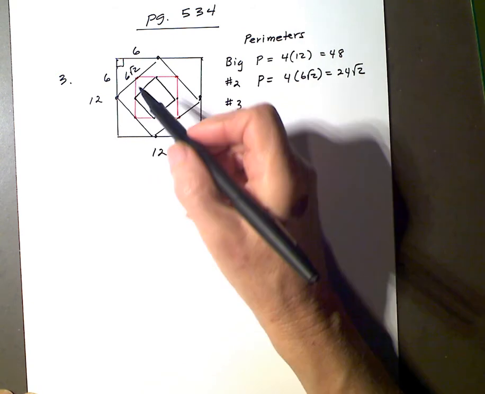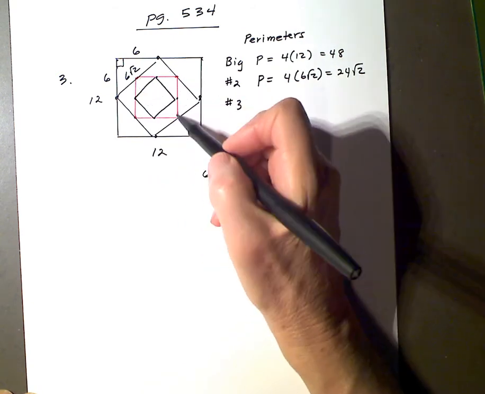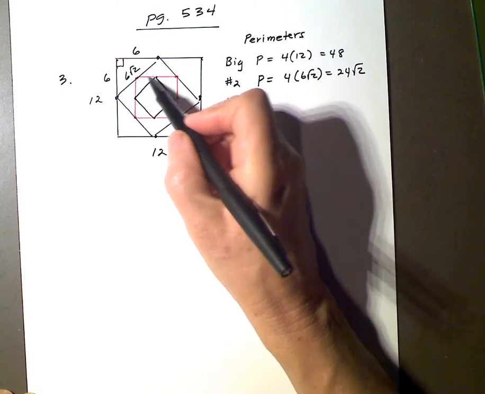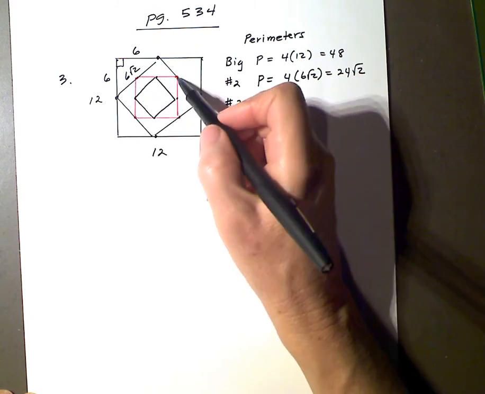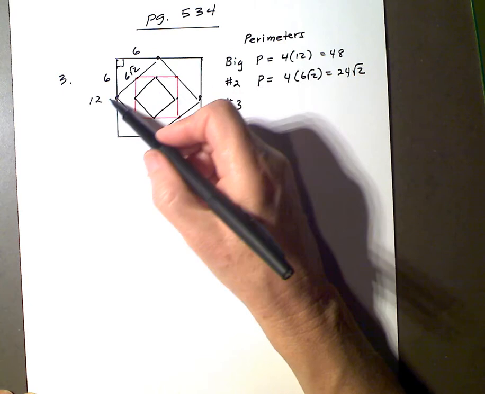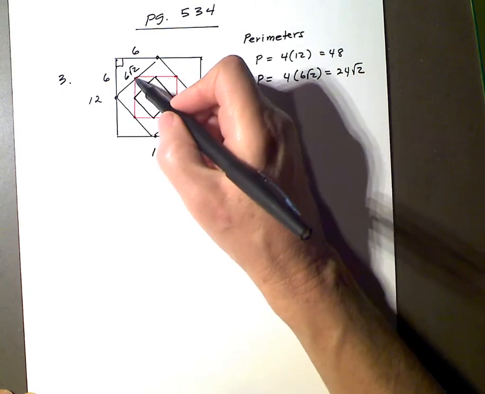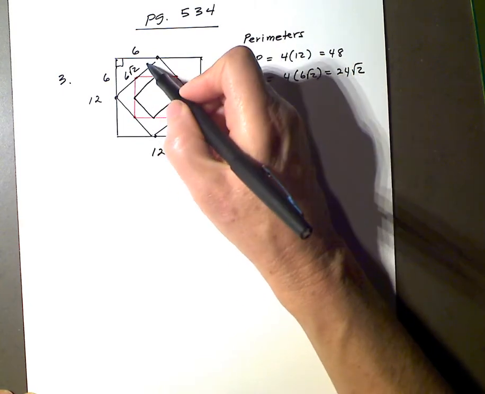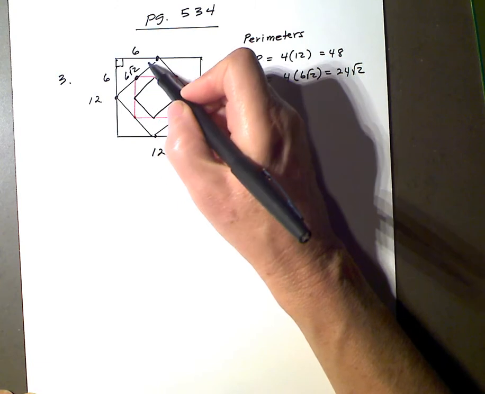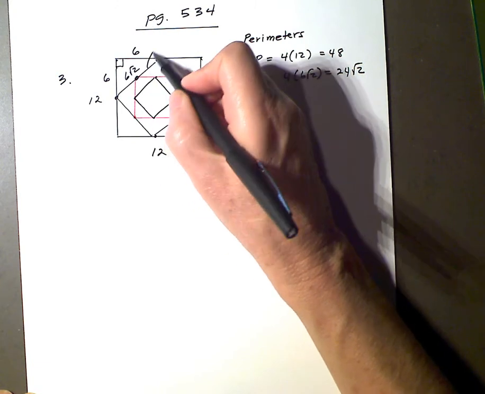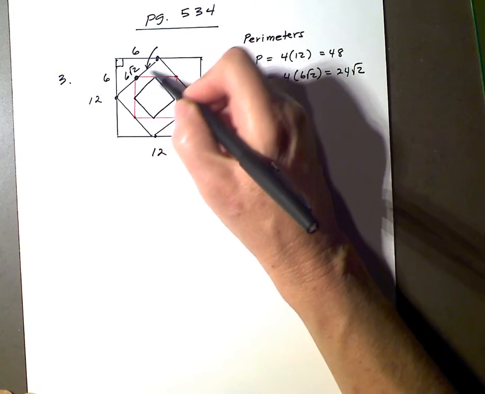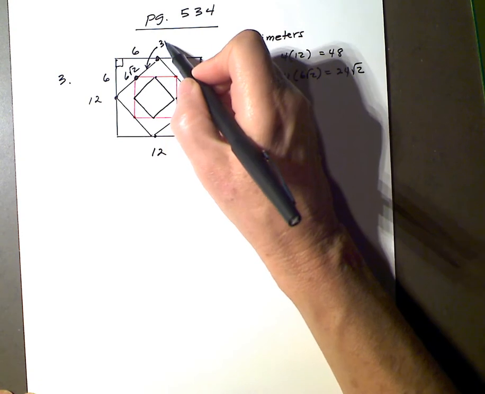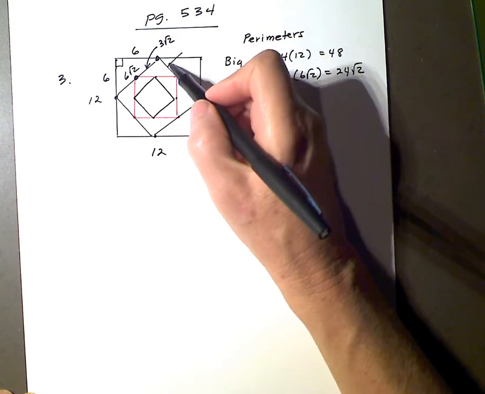So then I want to look at this square here, and we're hitting midpoints again on this square. So I'm going to look at from here to here again and look at this triangle. From here to here is half of 6 root 2. So that little piece there, from this point to this point, is 3 root 2. And this is also 3 root 2.